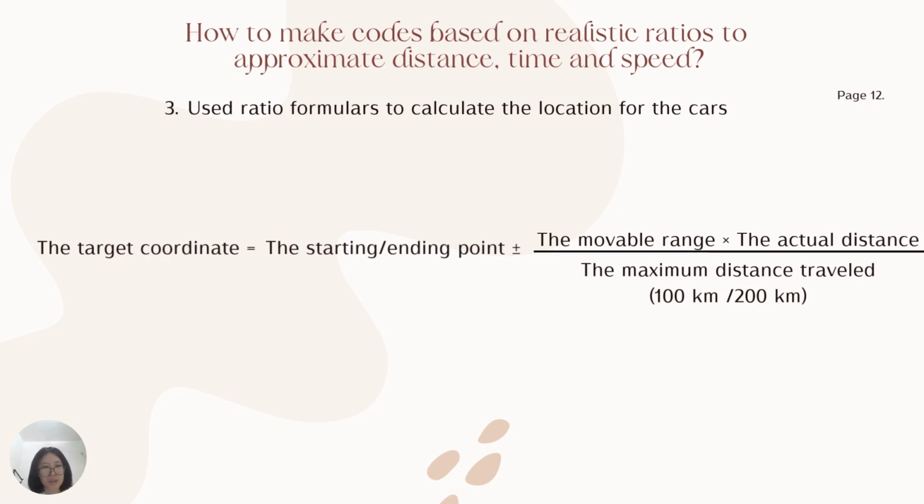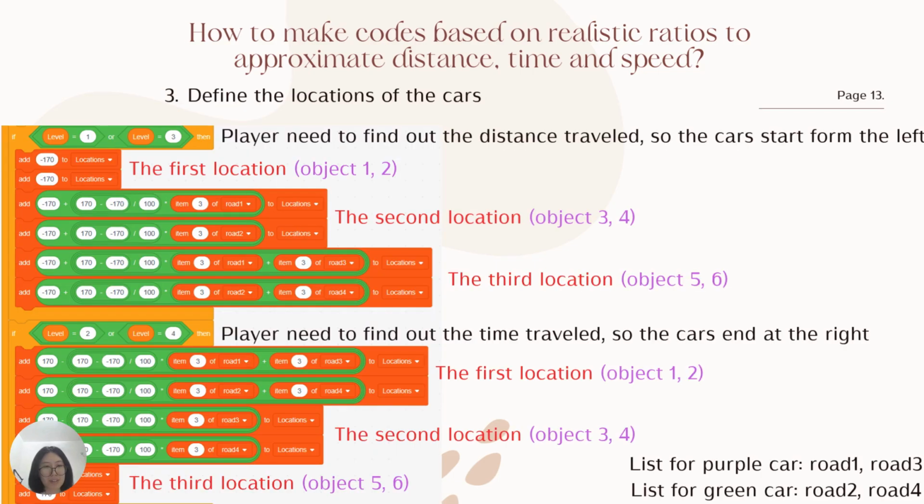Later, I used ratio formulas to calculate the location of cars. After that, I tried to define the location of cars. For level 1 and 3, players need to find out the distance traveled, so the cars start from the left. So it only runs the upper part of the codes. And for level 2 and 4, players need to find out the time traveled, so the cars end at the right.